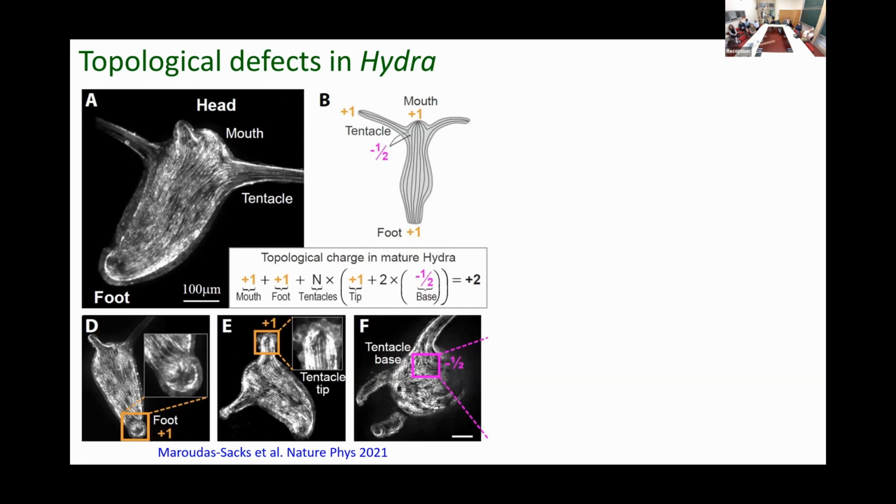Since this is the plus one for the mouth, each tentacle has plus one, an arbitrary number. So the first observation is that the mouth, foot, and tentacles coincide.